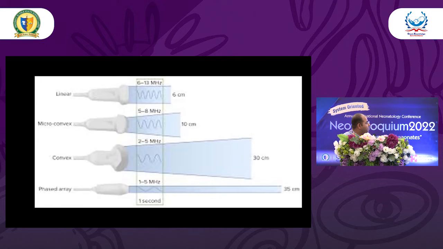And when we talk about the wavelength, by our primary school physics, we know that as the frequency increases, the wavelength decreases. Now, our chance to visualize a superficial structure improves with the linear probe, and decreases with the curvilinear probe. That's the basic concept in selecting a linear probe for vessel localization.